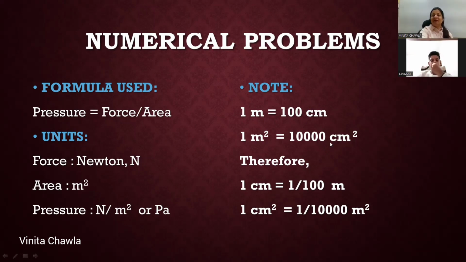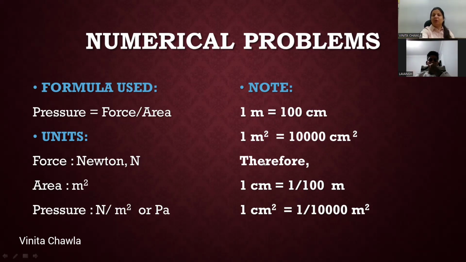In the same way, for centimeter square, we move this 10,000, so 1 centimeter square is 1 by 10,000 meter square.